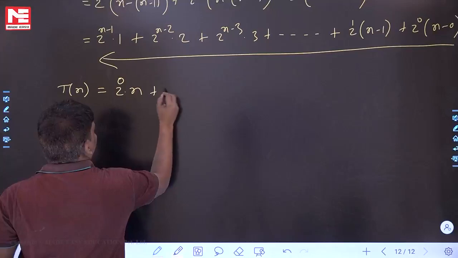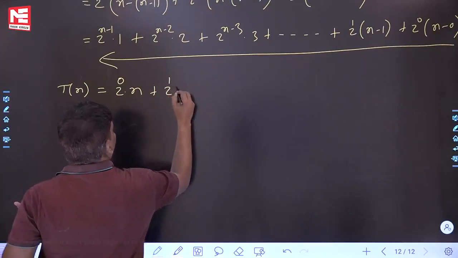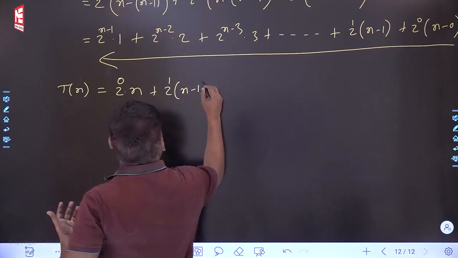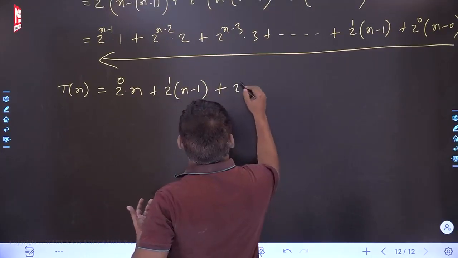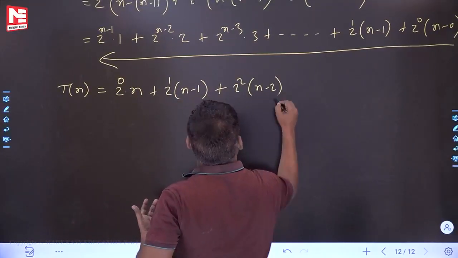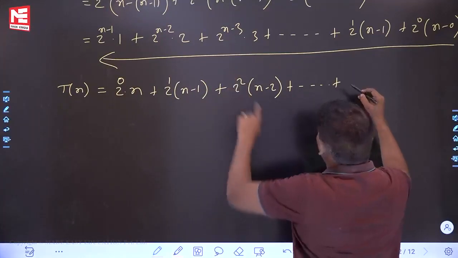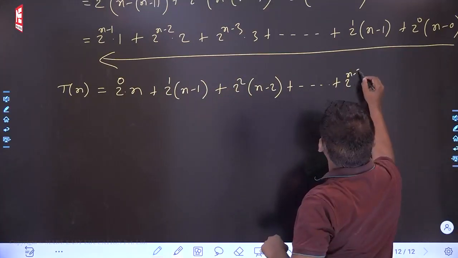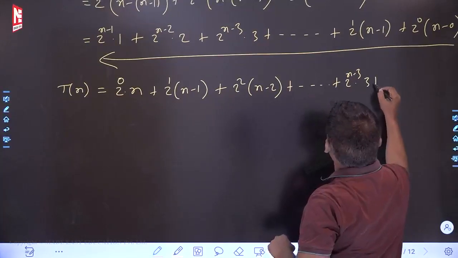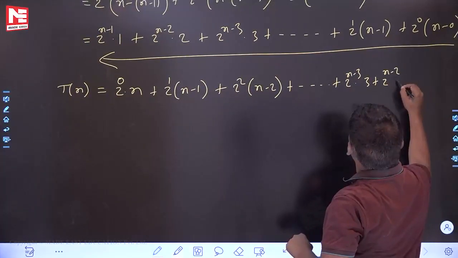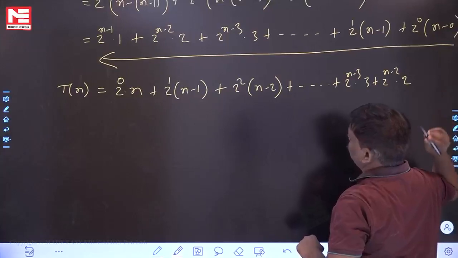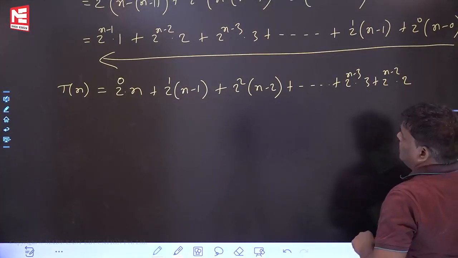Right? Next one. What else? 2 power 1, n minus 1. Right, next one, 2 power 2, n minus 2. Next one, what are the last few things? 2 power n minus 3 into 3, 2 power n minus 2 into 2. Right, please check.